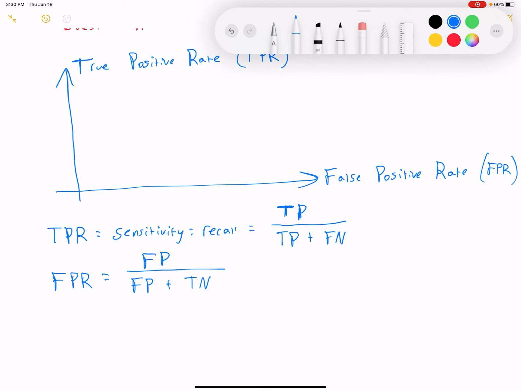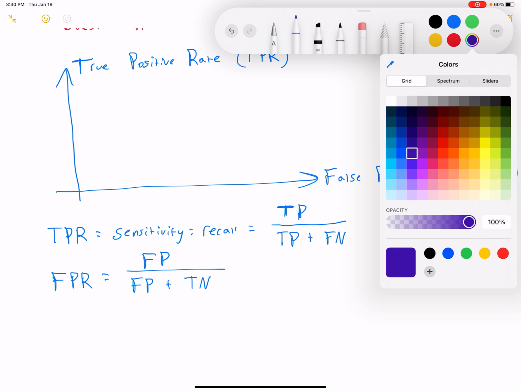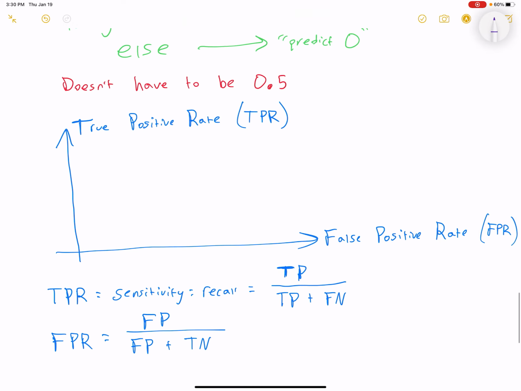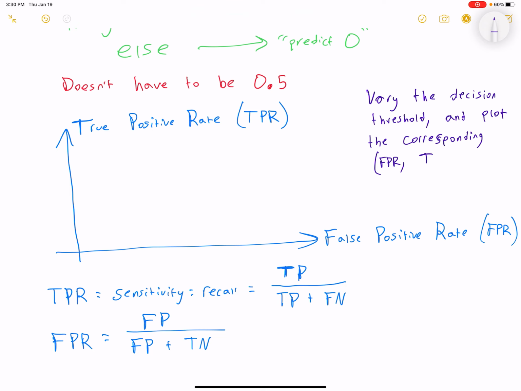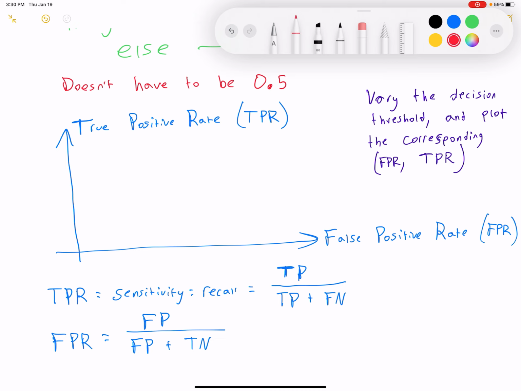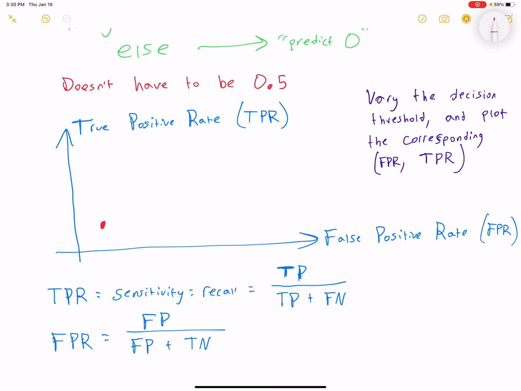So what we do in a ROC curve is we vary the decision threshold and plot the corresponding false positive rate, true positive rate as a point. So we might plot that here for one threshold.